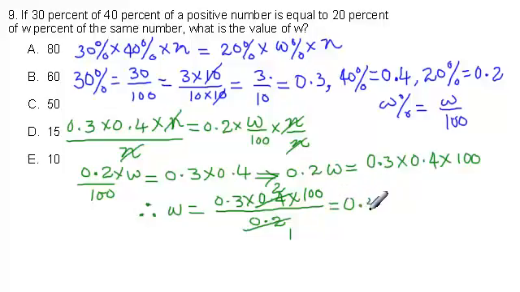So that gives me 0.3 times 2 times 100. This 2 comes from here, and 0.3 times 2 is 0.6, times 100. If I want to get rid of the decimal, the decimal place will move to the right, and that becomes 60. So the answer is going to be B.